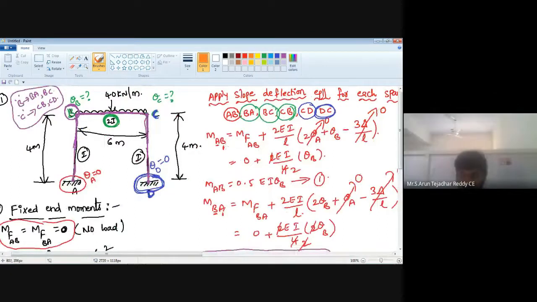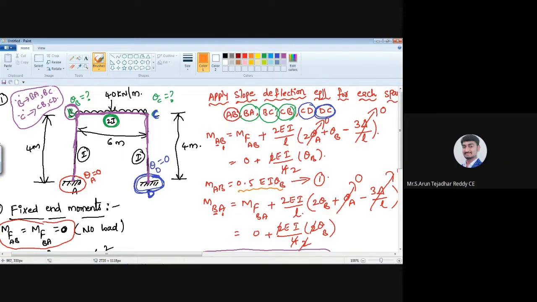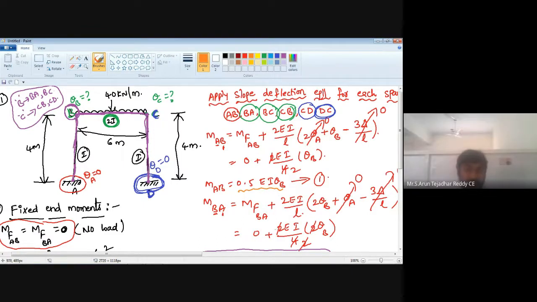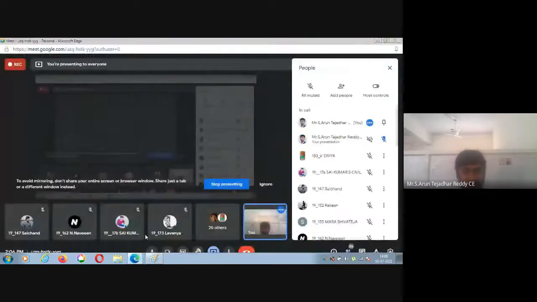Here what is the MAB equation? 0.5 EI theta B. Already we know the EI theta B value. What is the EI theta B value? 72. So 0.5 into 72. Then you will get one value. That is your final moment value of AB. That's it. So like that, substitute the values in all 6 equations, then you will get each and every final moment value like MAB, MBA, MBC, MCB, MCD, MDC. Okay, very simple.